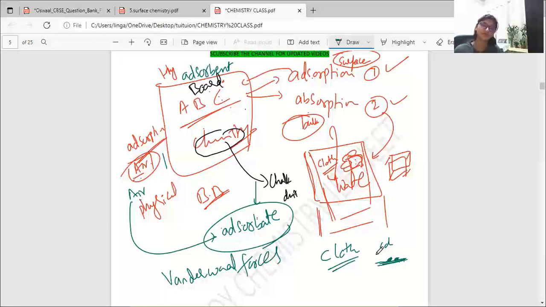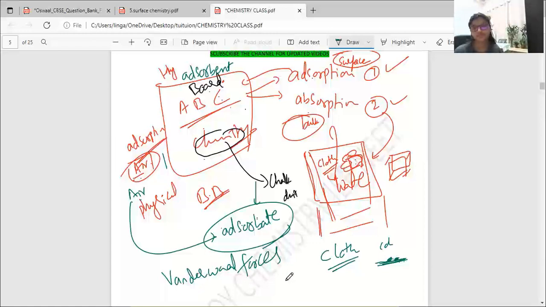Here the color is very sticky. Even if you wash it, it won't go. That's why those bonds are chemical bonds, strong bonds. So this is chemisorption. If weak van der Waals forces are there, that is physisorption. If strong bonds are there, that is chemisorption.